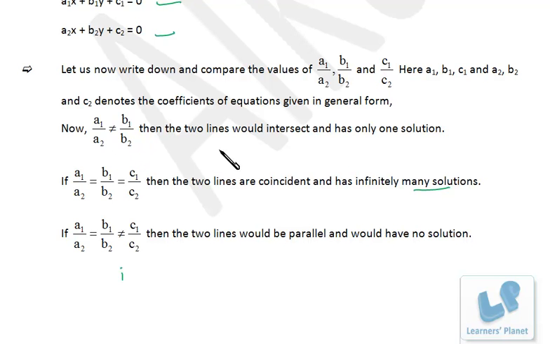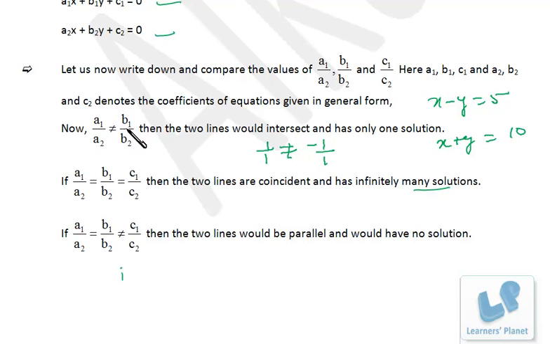Okay, for the first case, a1 by a2 is not equal to b1 by b2. Suppose I take an example of x minus y is 5 and x plus y is equal to 10. In this case, a1 by a2, that is 1 upon 1, is not equal to b1 by b2, that's minus 1 upon 1, since 1 is not equal to minus 1.